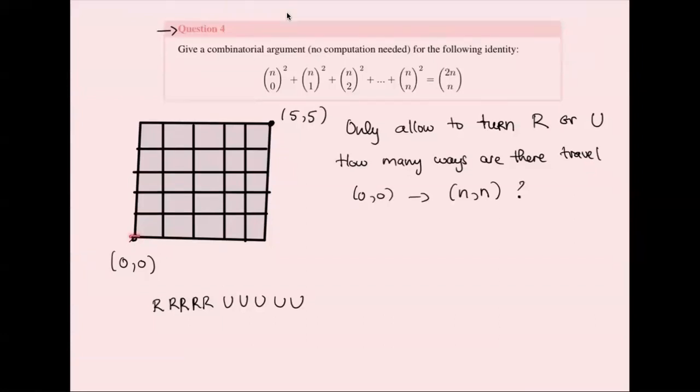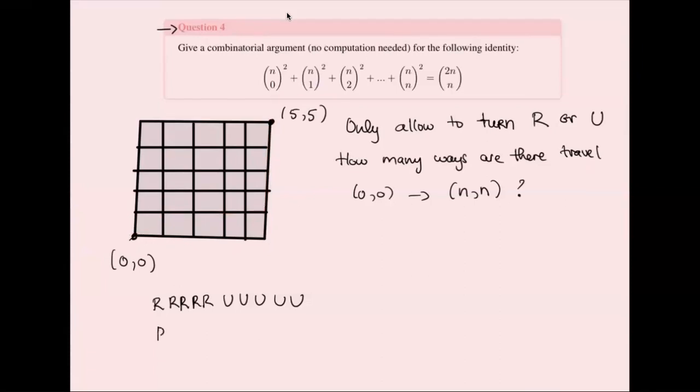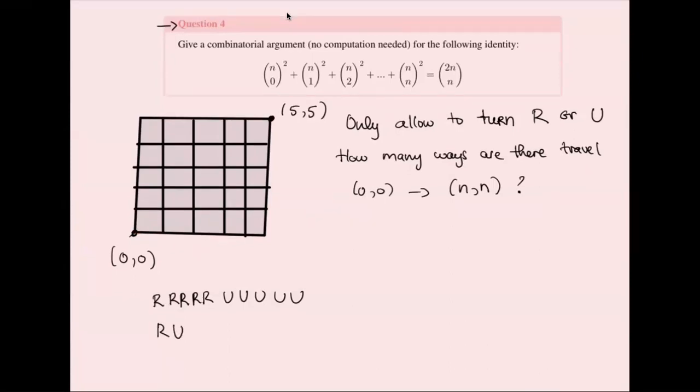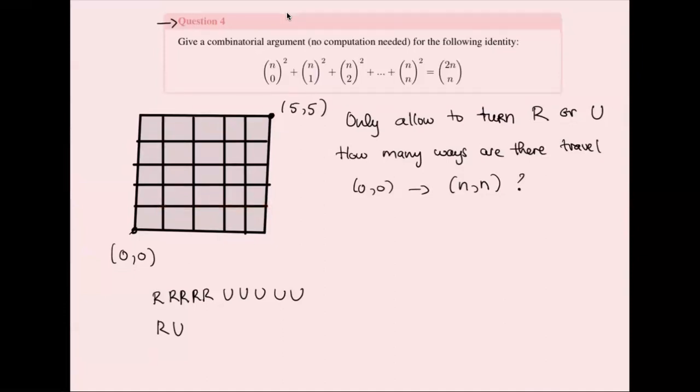Another way you can do is, let's say this path here, right? And what is this path? You go right, and then you go up, you get here, right? And then you go right until you hit the edge, so you go right again 4 more times. And once you get here, you go up 4 more times.